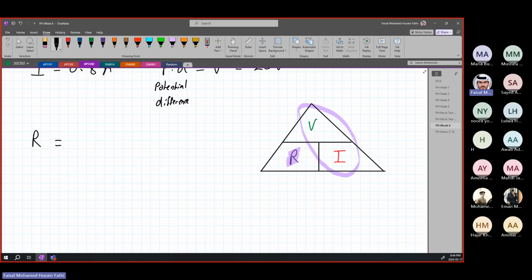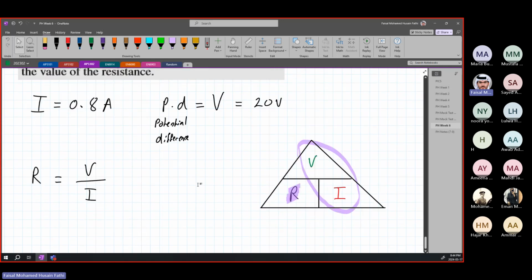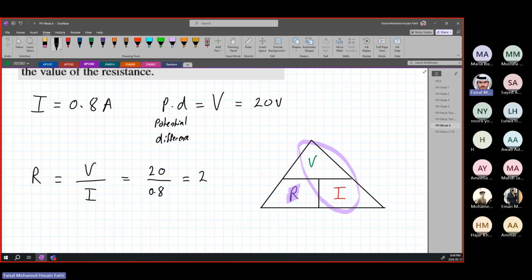So R is going to be equal to V divided by I. Before that, let us make sure that our units are correct. We have amperes here, voltage here. Yes, we can use these units. There are no prefixes. It's 20 divided by 0.8, which is equal to 25 ohms. All right? Pretty straightforward, pretty easy question. Just showing the concept.